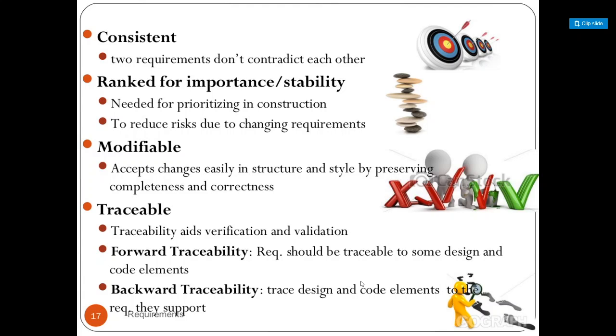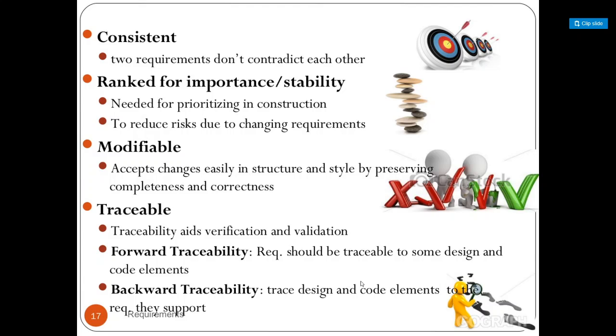And ranked for importance and stability is needed for prioritizing in the construction, to reduce risk due to changing requirements. That is, what is important is developed first, and the smaller things are kept for the end so that they can be developed easily. Modifiable, that is, if the client asks for some modification, there should be room for modifying. Okay.